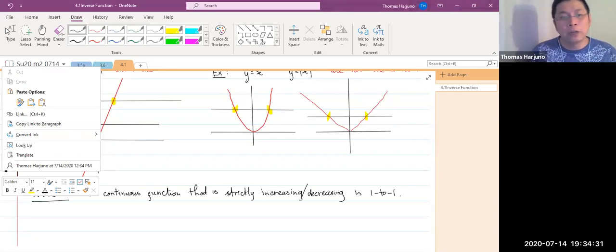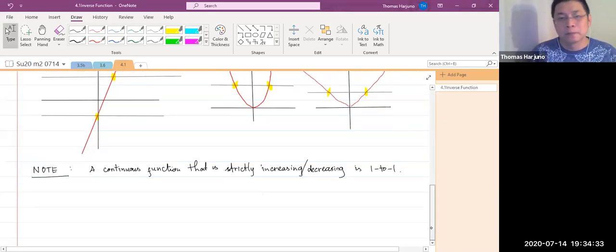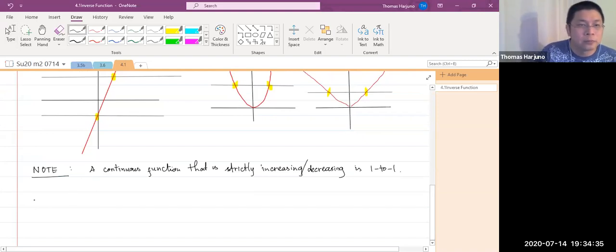Now let's go on to inverse function. Definition.